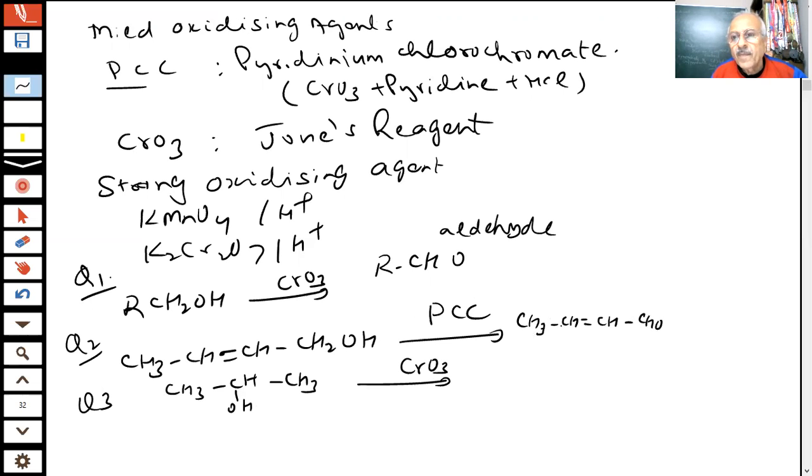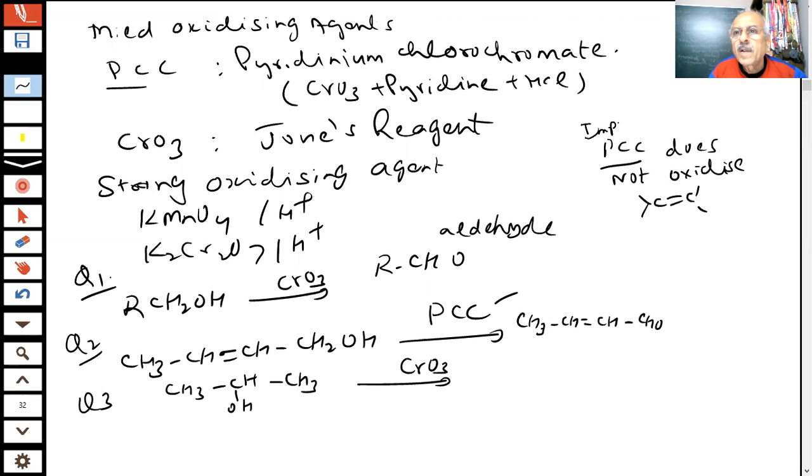Aldehyde. Important point to note is that this PCC does not react with the double bond. It does not oxidize the double bond. It's an important point.